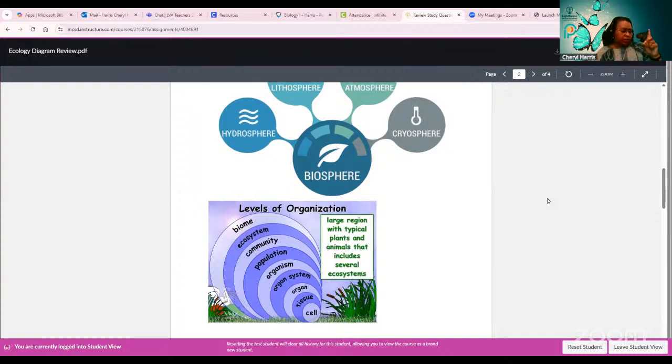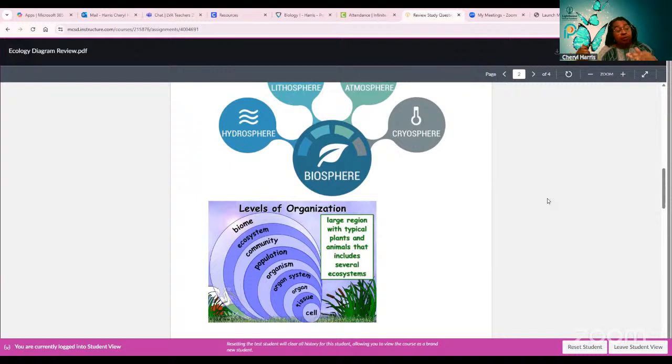So again, an organism is one thing. A population is a lot of that one thing. And then a community is a group of different populations. I'm going to give you an example in the next picture, so I'll let that sit for a minute. A community can have several populations.